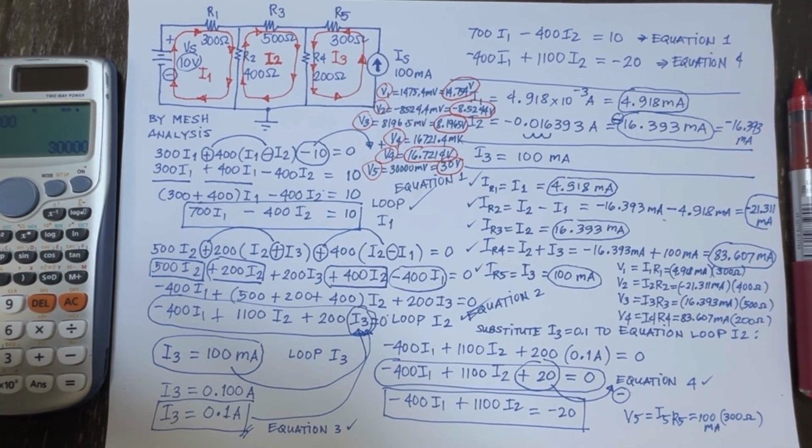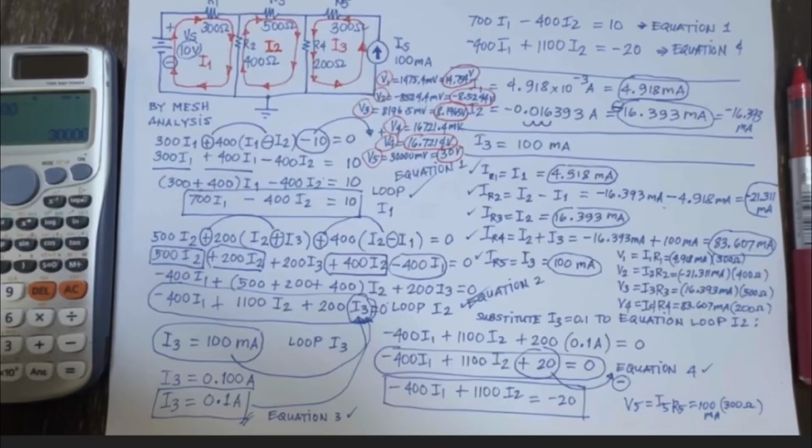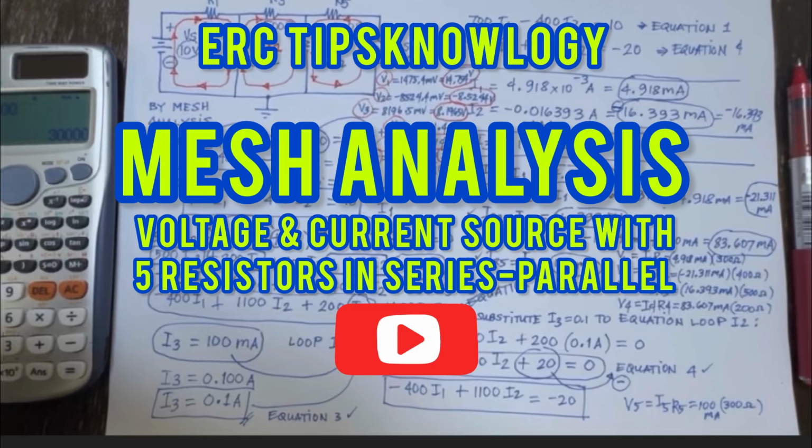So I hope you learned something today with regards to the calculations of currents and voltages using mesh analysis, also called branch current method. If you compare these answers with our previous videos, the answer will be the same.